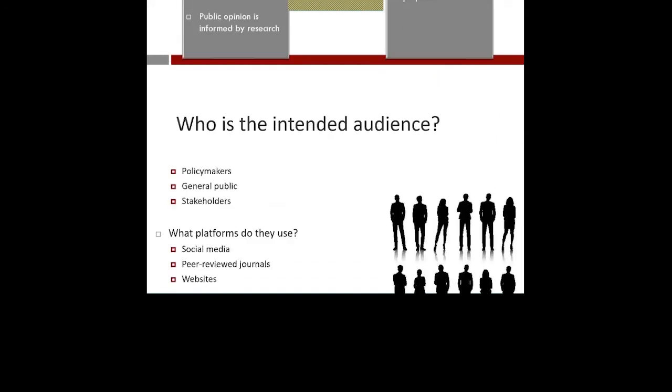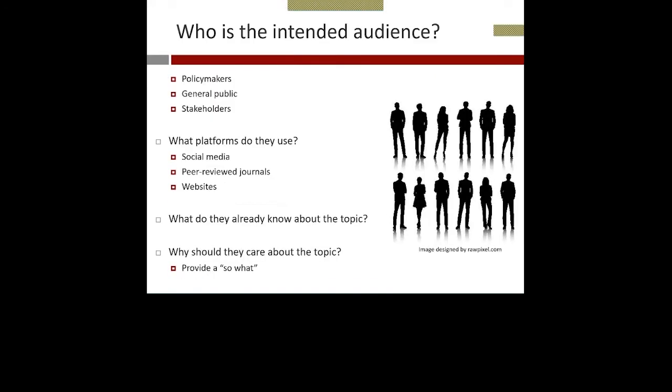So when you're thinking about how you can communicate your analytic findings, some of the things you want to think about are who is the intended audience. This may be policymakers, general public, or stakeholders. It may be all three depending on what you're communicating. Depending on your audience, you really want to think about what platforms they use, so where you can reach them.